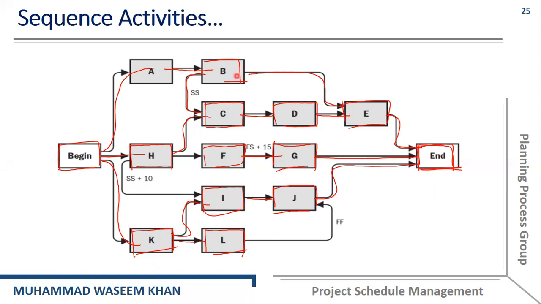Now let's talk about activity B and E. We can start activity D after finishing activity C. We can start activity G after finishing activity F. We can start activity J after finishing activity I and activity L. Now we can start activity E after the completion of not only D but also activity B. You can see the arrow here.